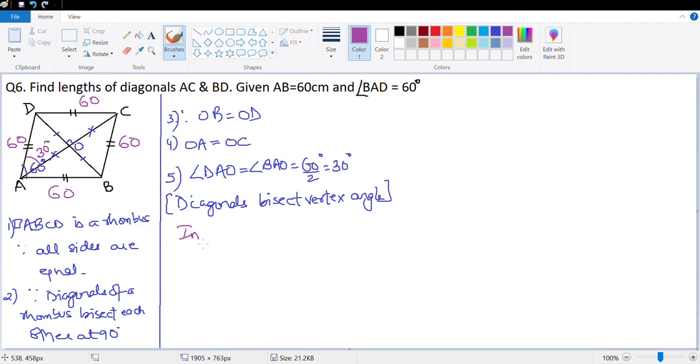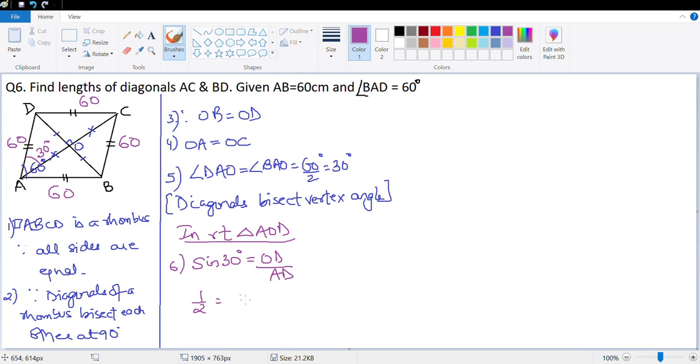So each side is 60, which means I need to find the value of OD. In right triangle AOD, sine 30 degree would be equal to perpendicular, which is OD, upon hypotenuse, which is AD. Now sine 30 degree is equal to half.